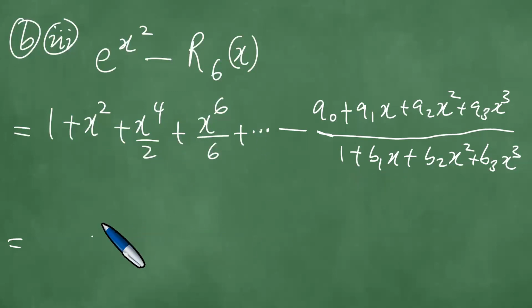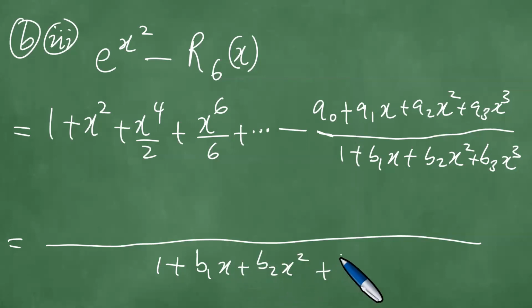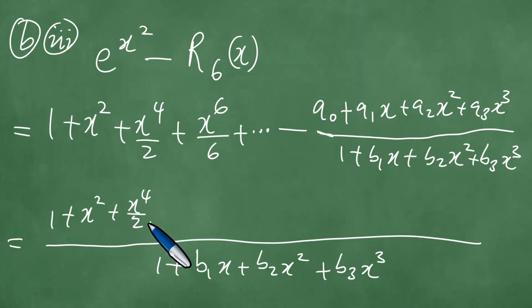So to sort of cross multiply it, to take the LCD, doesn't matter how one looks at it. So we take the LCD to be 1 plus b1x plus b2 x squared plus b3 x cubed. And then we multiply this with that: 1 plus x squared, x to the 4th over 2, and then x to the 6th over 6.